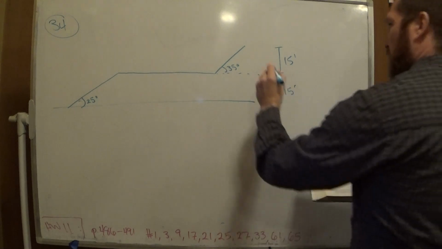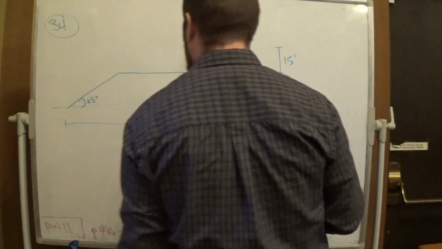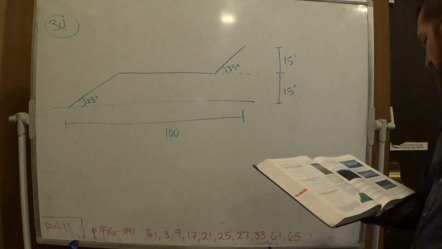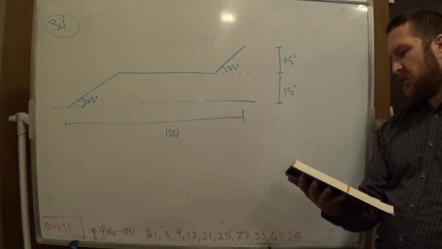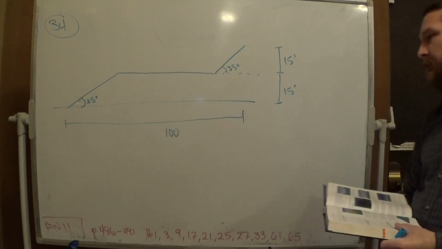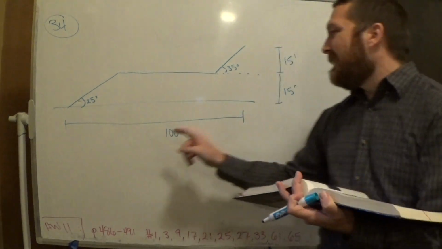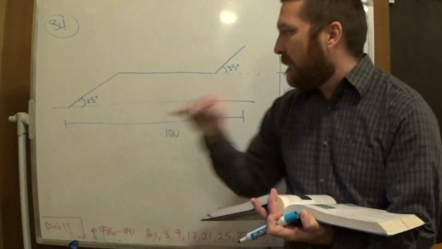And then they say that the entire length of the thing from there to there is 100. And what they ask you is to find the total length of the slide to the nearest foot. Clearly, they're not talking about this length right here. Right? That's not what they mean.